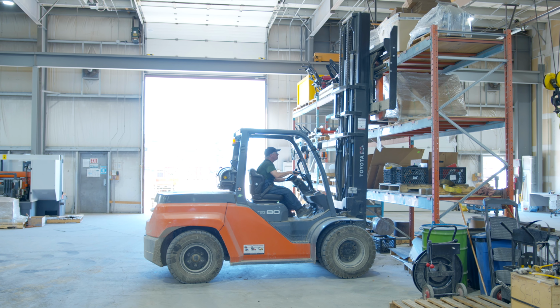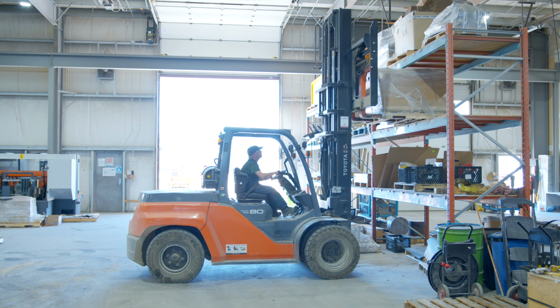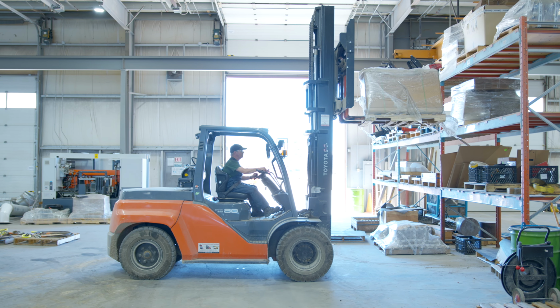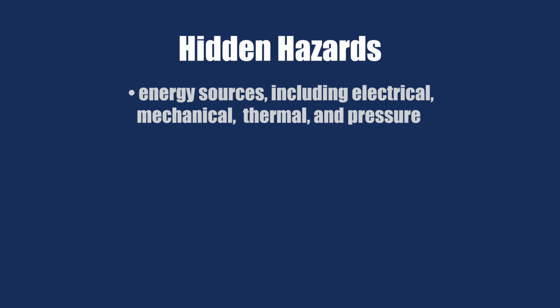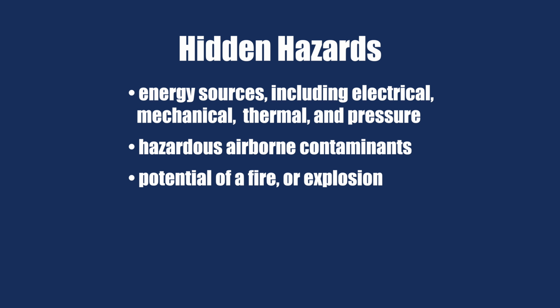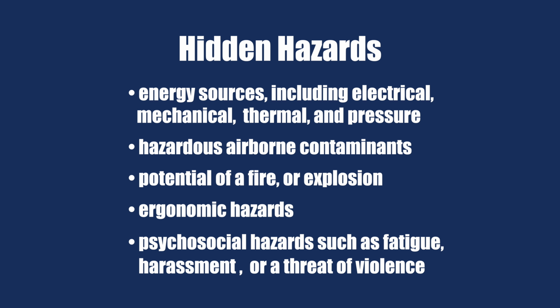The so-called hidden hazards can be a little more difficult to identify, and depending on the task, it may be necessary to consider such things as the presence of energy sources including electrical, mechanical, thermal, and pressure, whether or not there are hazardous airborne contaminants present, whether there is a potential for a fire or explosion, and whether there are ergonomic hazards or psychosocial hazards such as fatigue, harassment, or the threat of violence.